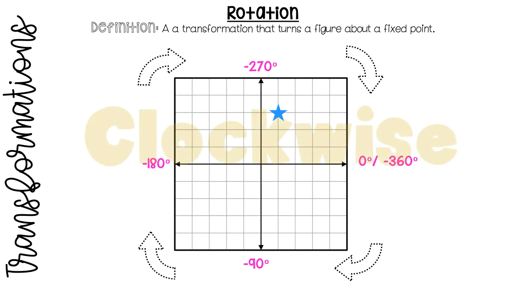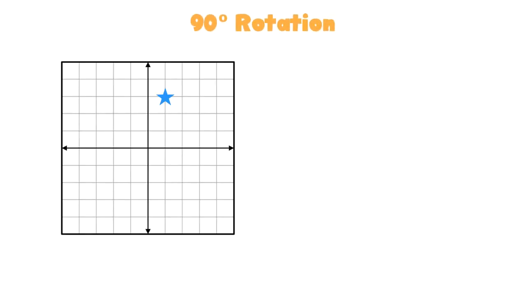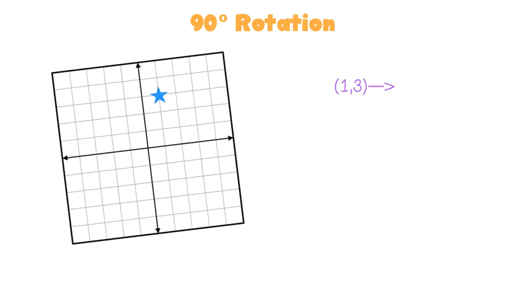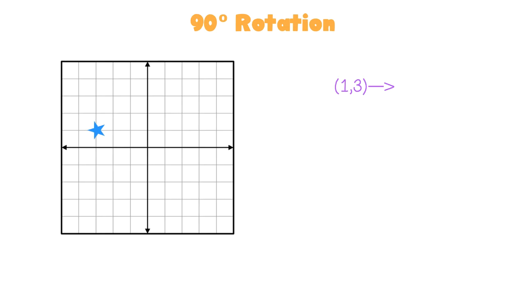So let's take a look at an example. Let's do a 90-degree rotation. Right now I have the point 1, 3. If I go 90 degrees counterclockwise, my new point becomes negative 3, 1. So if I want to make a rule for any point x, y under a 90-degree counterclockwise rotation, that would be negative y, x.